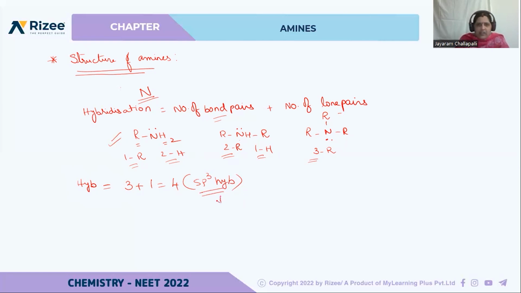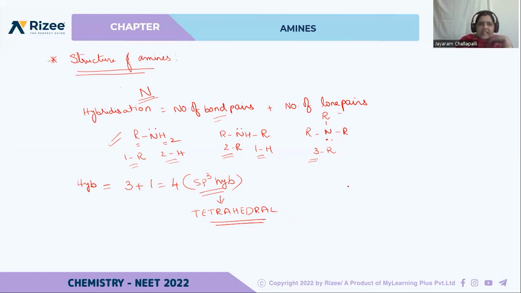With this hybridization, what is the structure? If any compound has sp3 hybridization, the structure should be tetrahedral. If any compound shows hybridization 4 or sp3 hybridization, the structure should be tetrahedral.